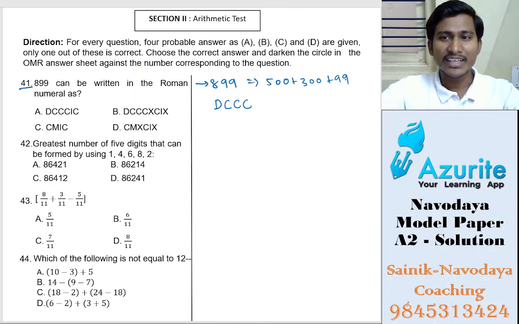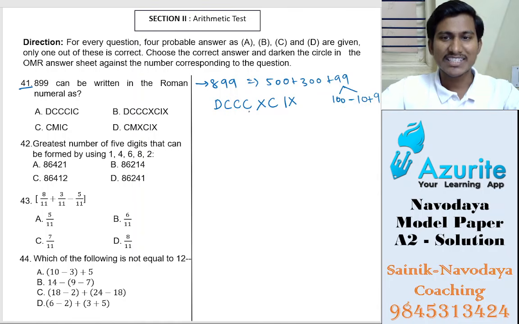Now here 99 we write as 100 minus 1, that is, 100 minus 10 plus 9. So that is C, before that we have to write X, that is 90, and then 9 we write as 10 minus 1. This is the answer.